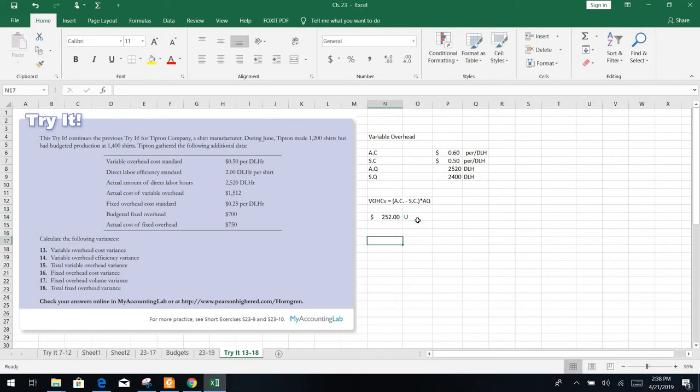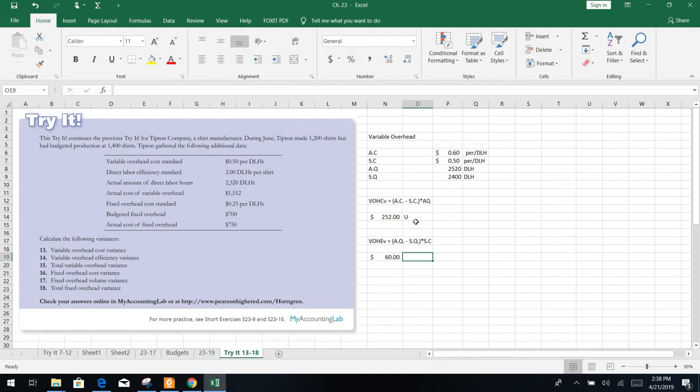Okay, so now let's calculate our number 14, variable overhead efficiency variance. Variable overhead efficiency variance equals (AQ minus SQ) times SC, and that's $60.